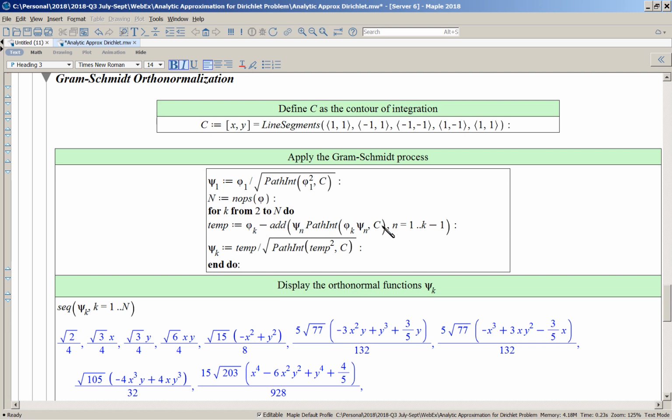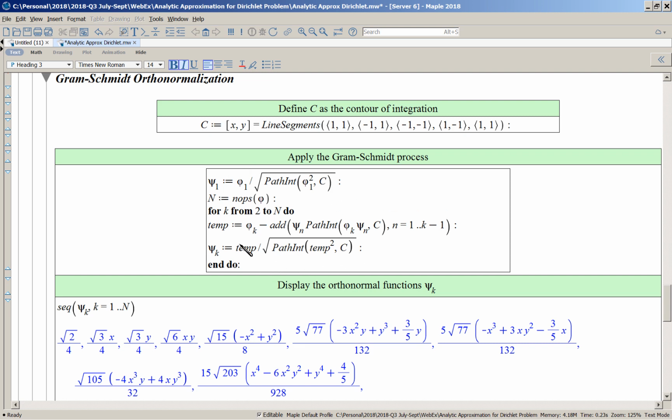This step right here is the Gram-Schmidt orthonormalization step, because I'm going to normalize each function after I obtain it. And in Gram-Schmidt, you take a function, you subtract off the components you don't want, components along the previous orthonormal vectors, and then normalize at the end.